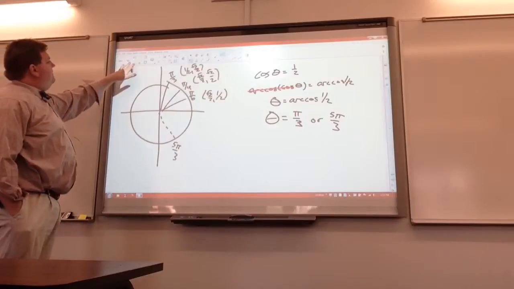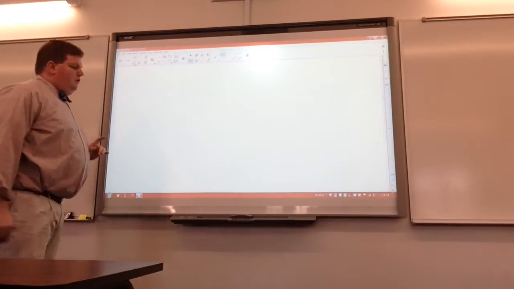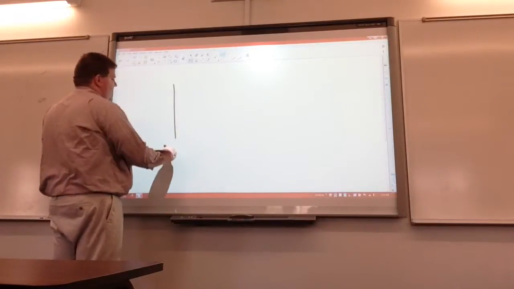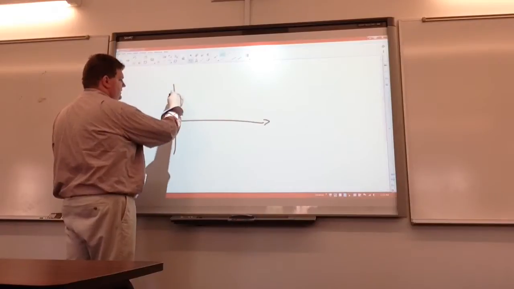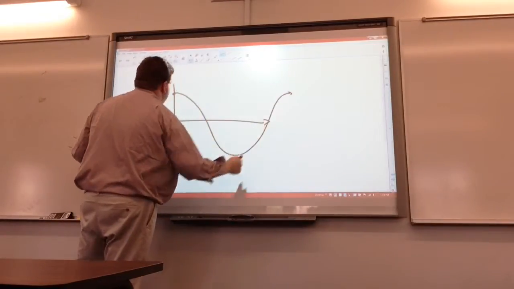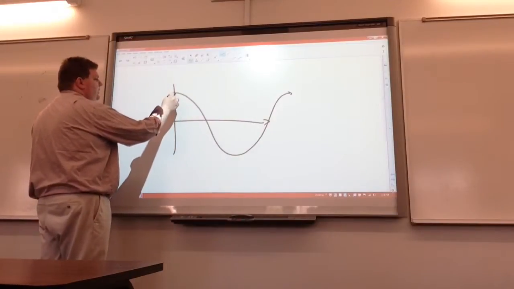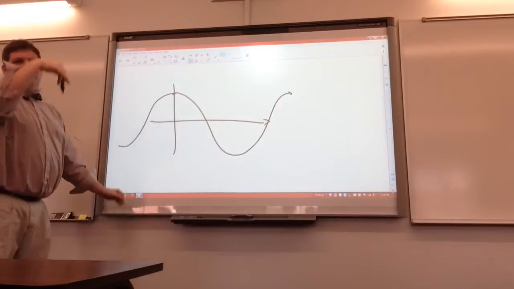We look at these things graphically. If I do the cosine graph, it starts right there, comes down, comes back up again, right? But does it stop at these points? No, it keeps repeating. It's a wave that keeps going backwards and forwards.